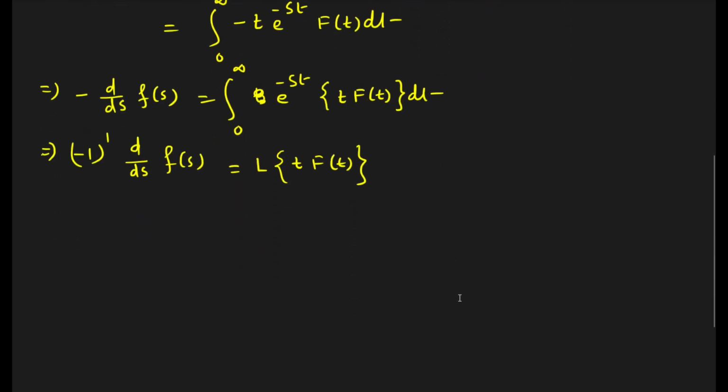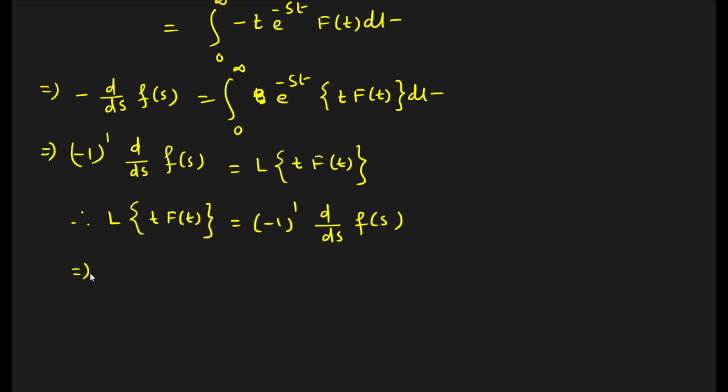So therefore the Laplace transformation of t into f of t is equal to minus 1 to the power 1, d by ds of F of s. This we got after differentiating once.